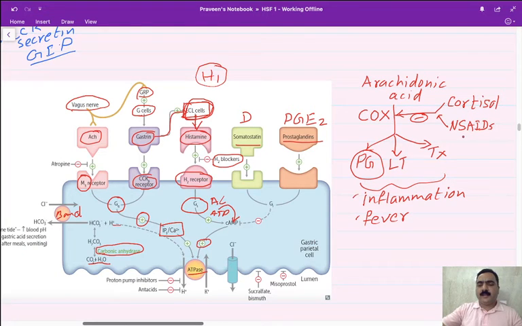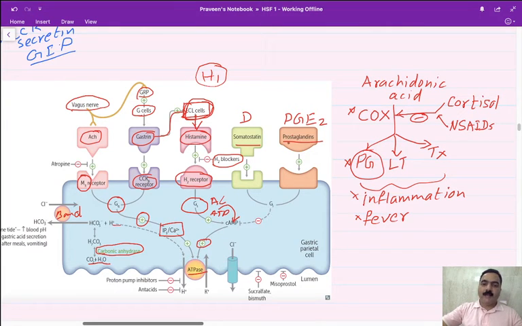The classical examples include ibuprofen, aspirin, etc. So when you take this NSAID and cortisol, what does it do? It blocks the COX. So when it blocks the COX, there is no inflammatory response, no prostaglandin being produced. When there is no prostaglandin, it acts as an anti-inflammatory, antipyretic, etc. So that is the action of these drugs.